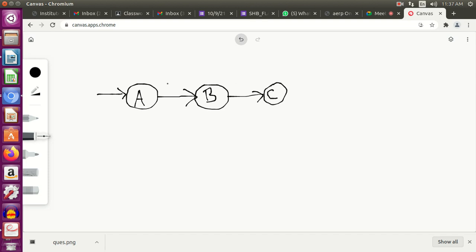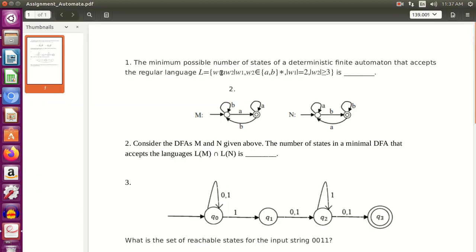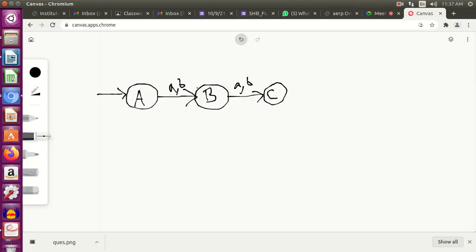Since it's strictly 2 and the alphabet set consists of A and B, we can just write A comma B, then again A comma B. So we are getting a length of 1 and another length of 1, so 1 plus 1 is 2, and we are in state C. After coming to state C, what was the next thing? Next we will encounter A. There must be an A. So when it's a must thing, we will directly put a transition for A and move to some other state.